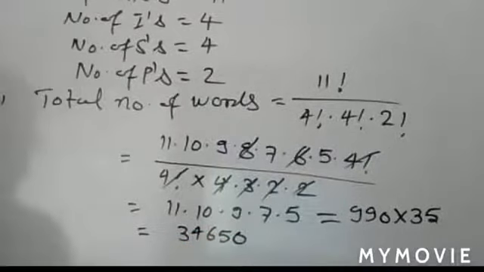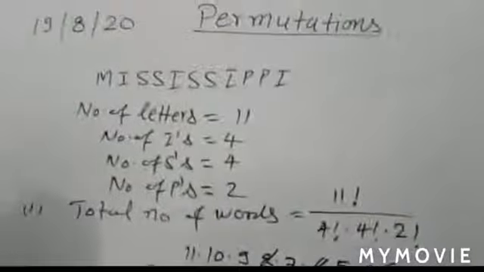You have 34,650. Everyone getting up to this step? Yes, sir. Okay, beta.